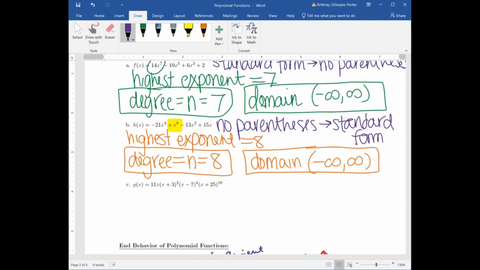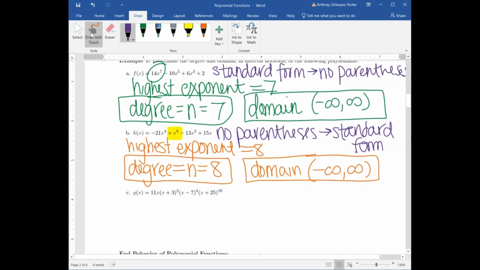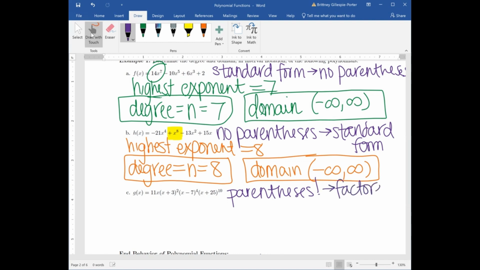One more example. Part C. Have to ask, do you have standard form or factored form? Here, because we have parentheses, parentheses means factored form.